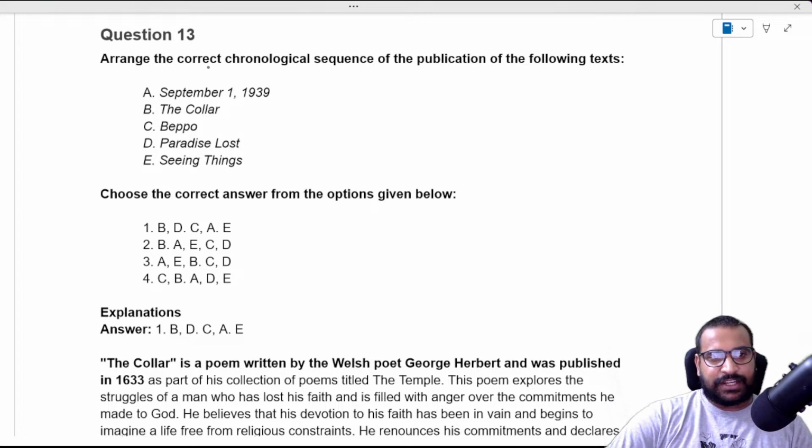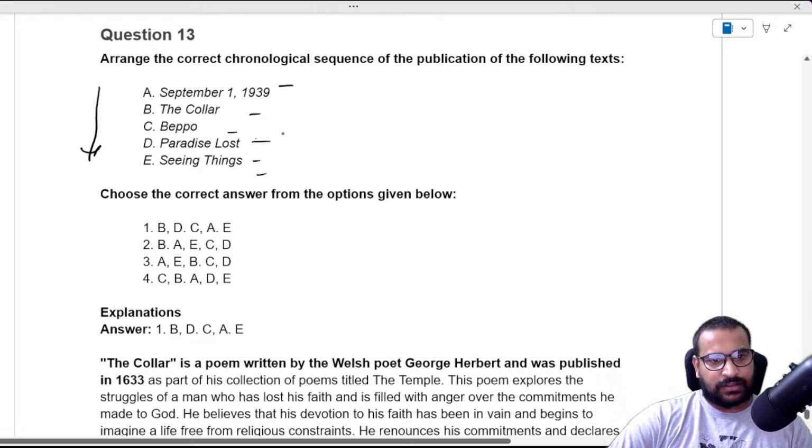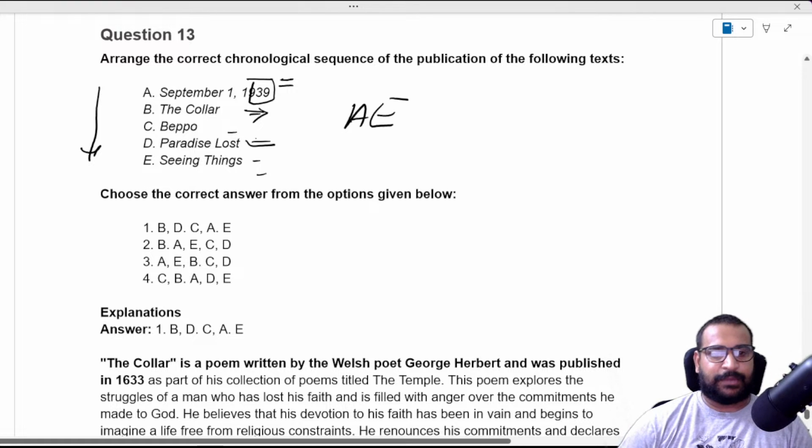Question number 13, arrange the correct chronology. Again, correct chronology. So all these seem to be somewhere near. So we could just put that first, and then we have our Lost, and through the date you can understand that will be somewhere here, and Seeing Things will be here.